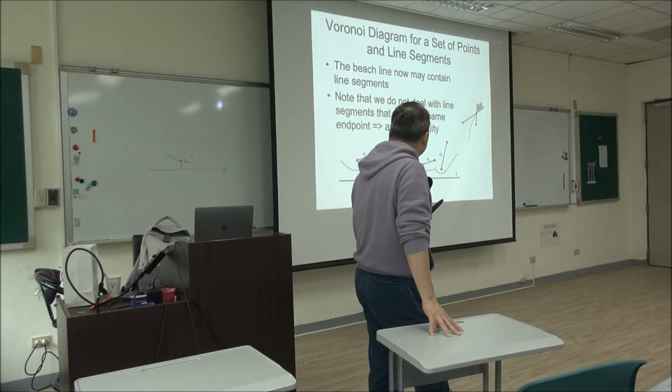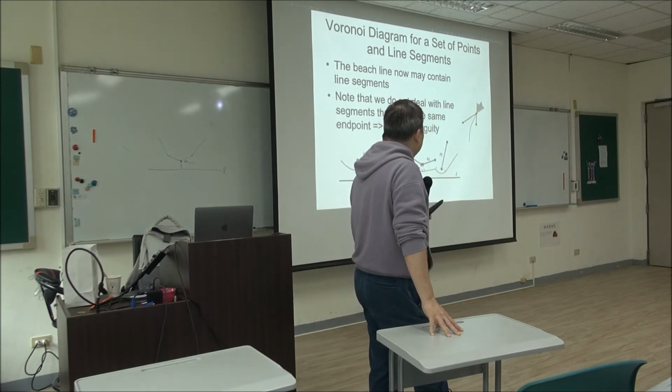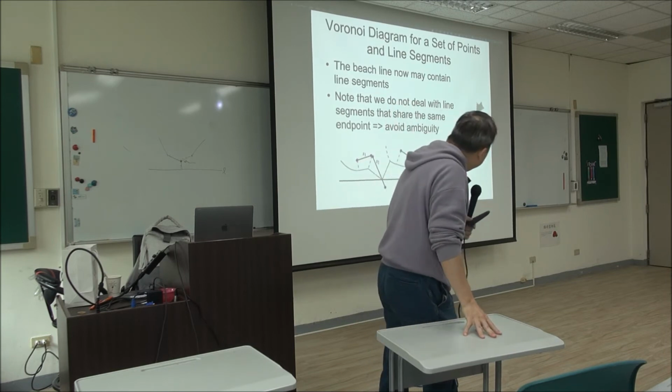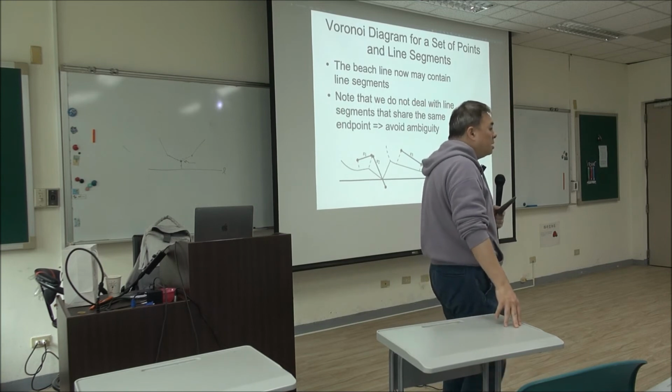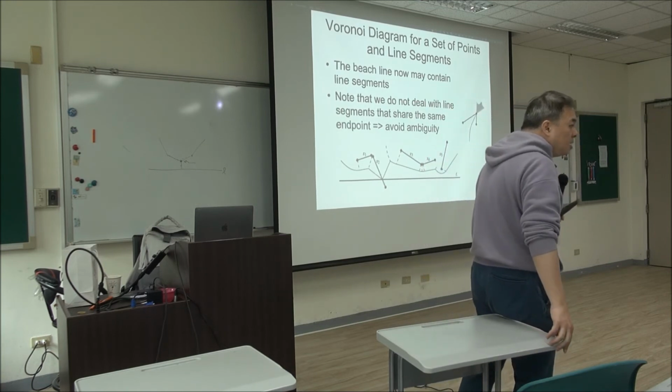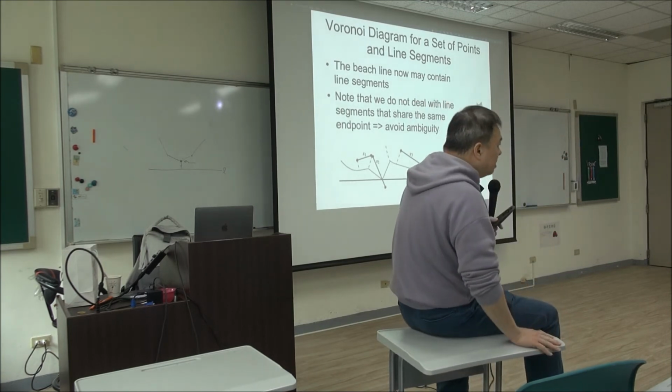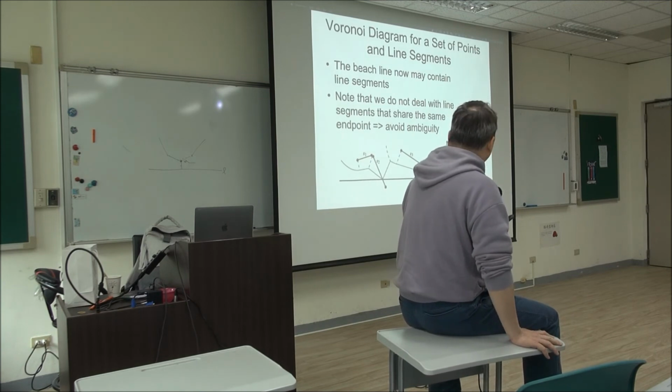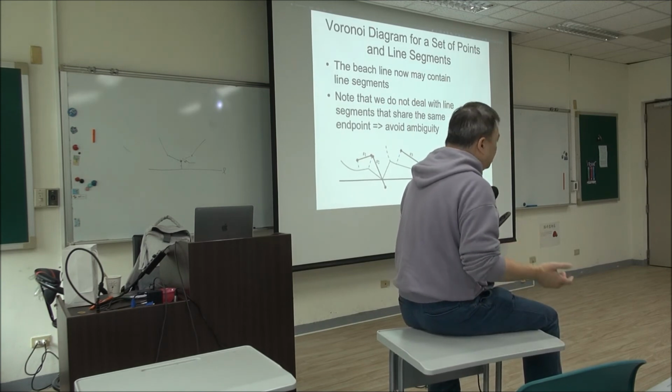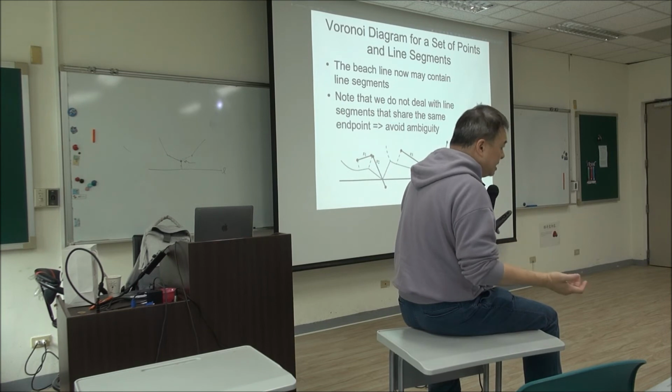Okay, so this is, should I say, the life cycle of how the sweep line goes through the line segment side. Kind of complicated, but as I said, there are only this many cases.